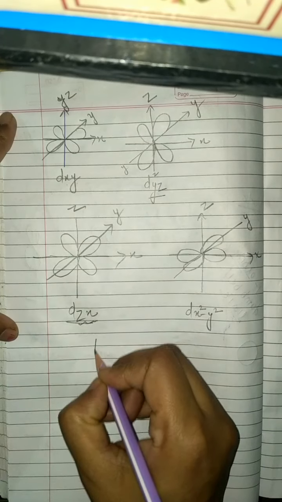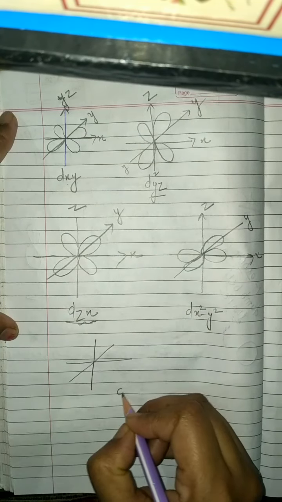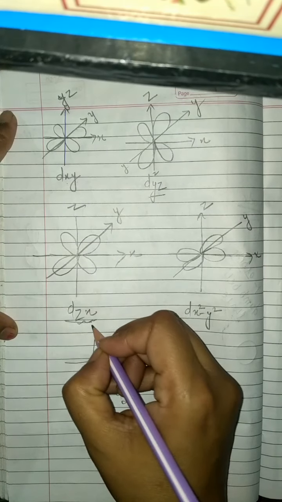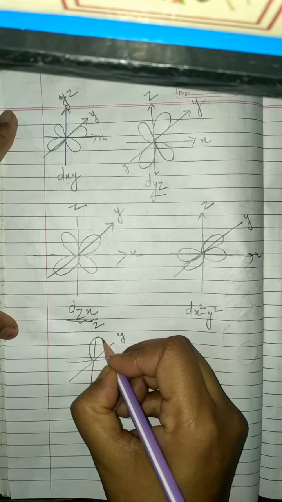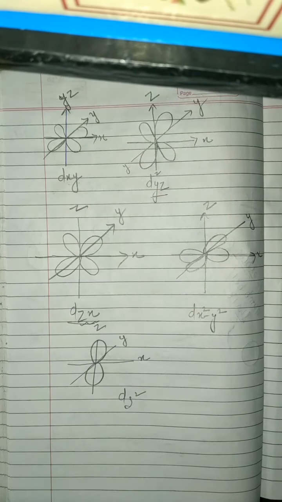Next one here, dz square, with x, y, z like this.